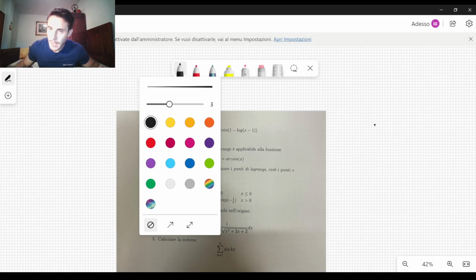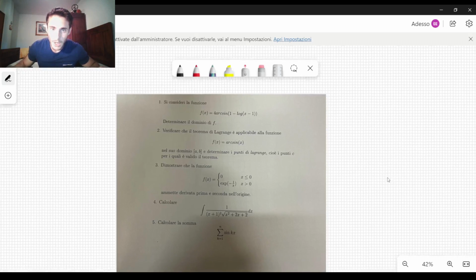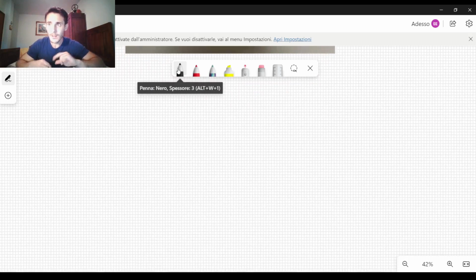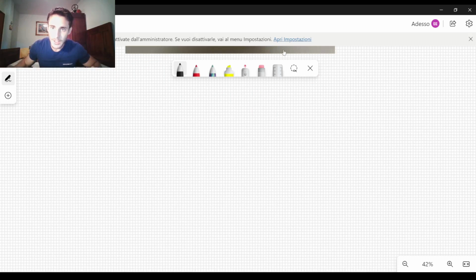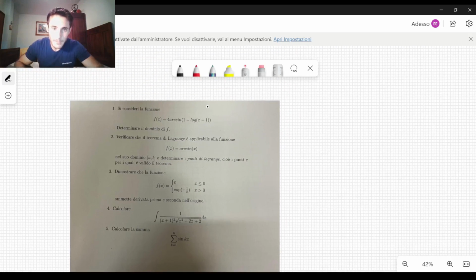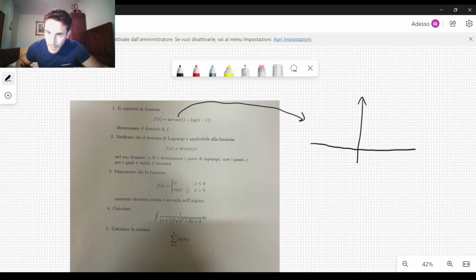But anyway, as I said, I want to focus on the problem. So let's start with the first one. The first one, as I said, consists in calculating a domain. And the arcsine function is the following function. So if we want to plot arcsine of x, and here on the abscissas we have x.